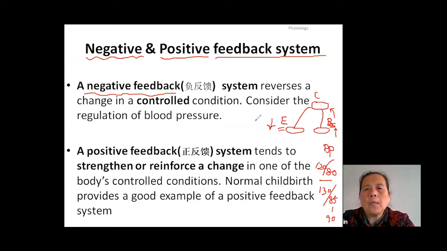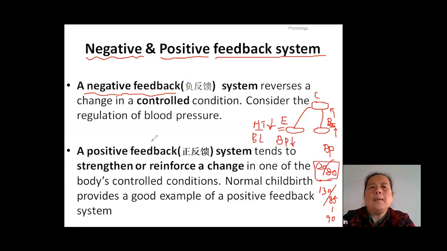Basically, they work on the heart and on the blood vessels. The heart beats a little bit more slowly and the blood vessels dilate. The general result is they decrease the blood pressure, going back to the normal range.